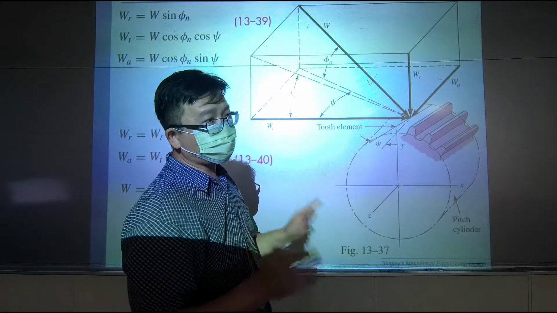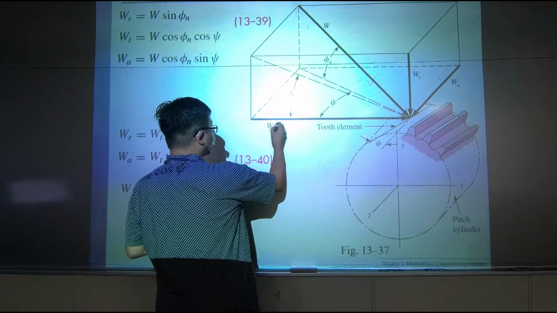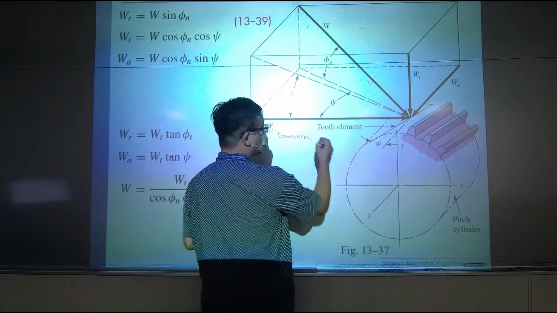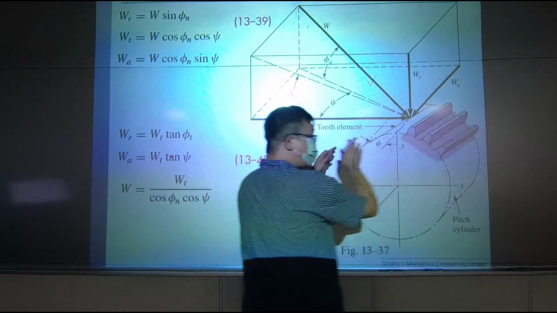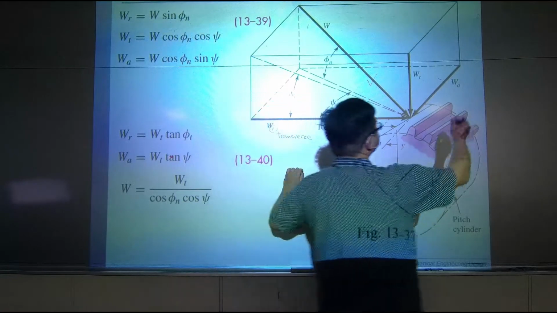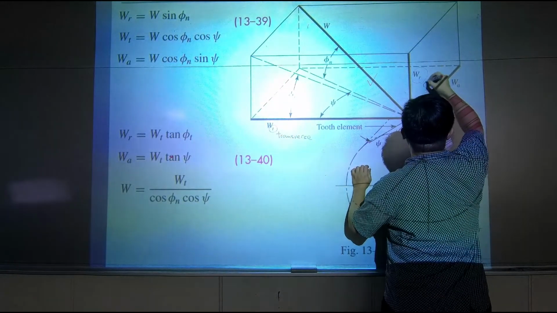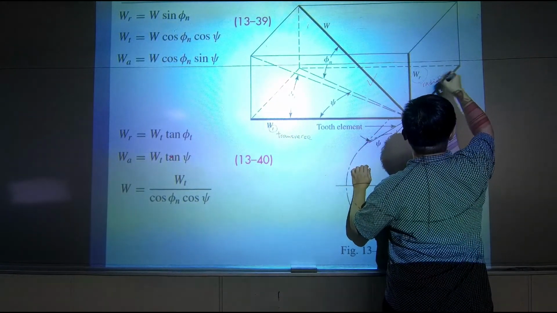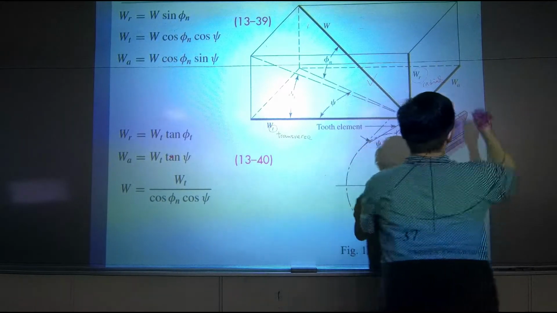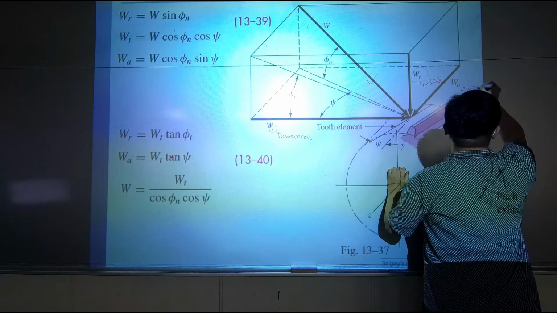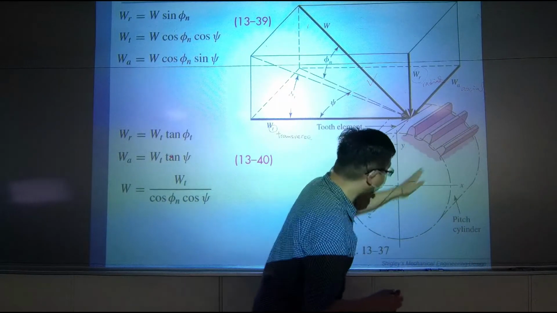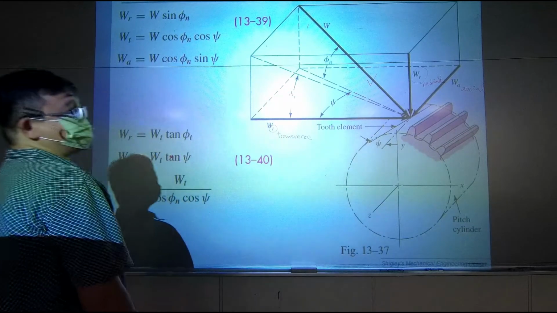Again, we use the same terminology. T for transverse. Okay, so like following the tangent direction of the pitch circle. And R is radial. Radial is always the direction coming toward the center. And A is axial. So axial is always the direction that is parallel to the center axis.